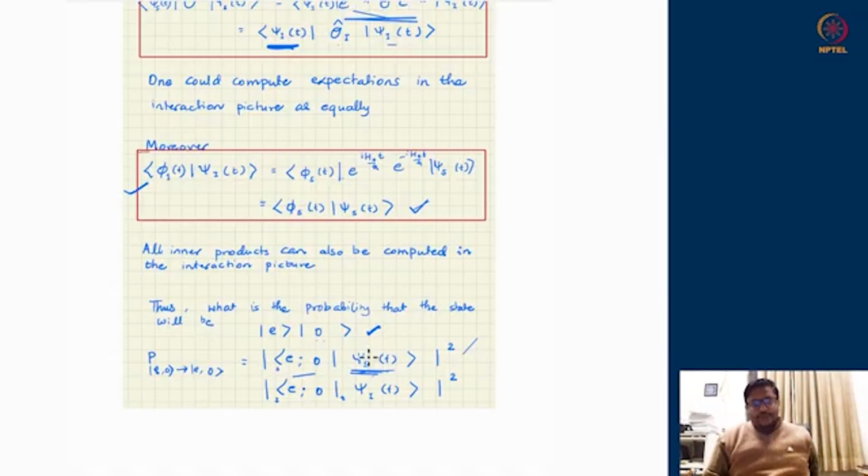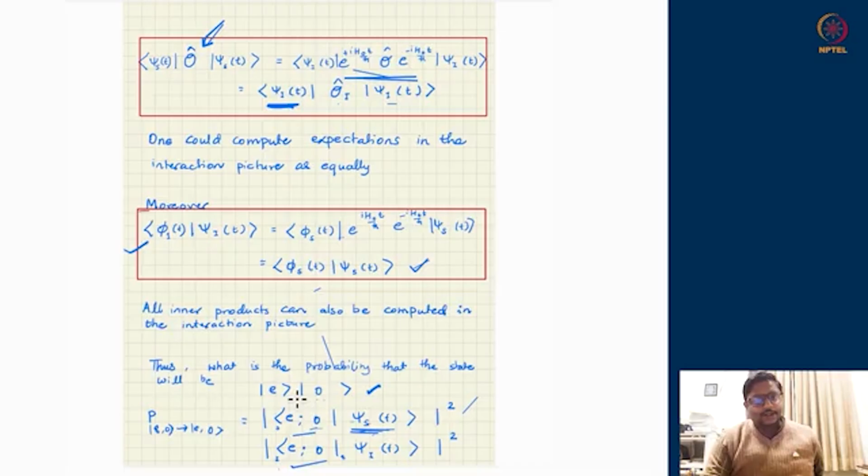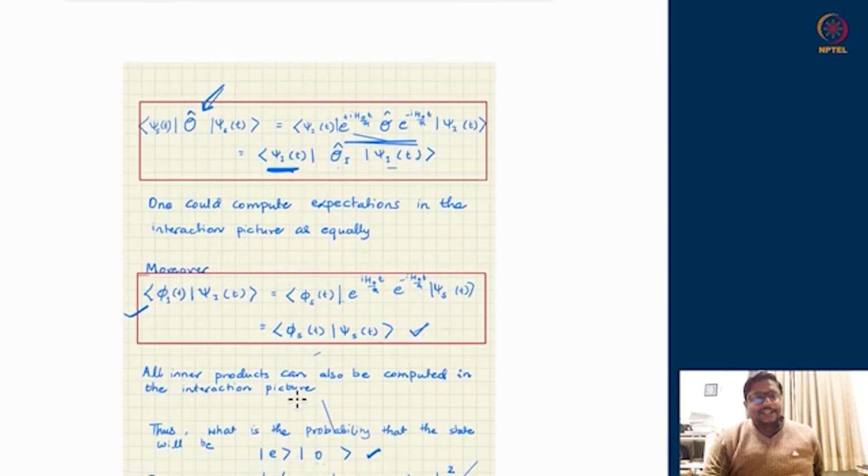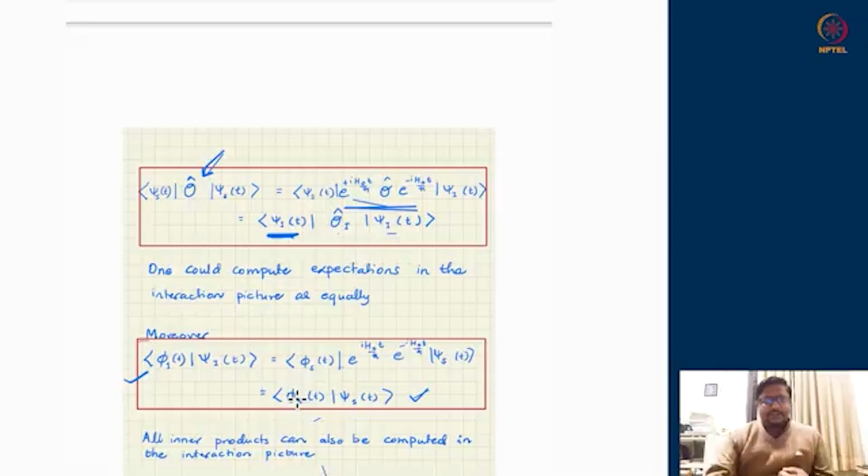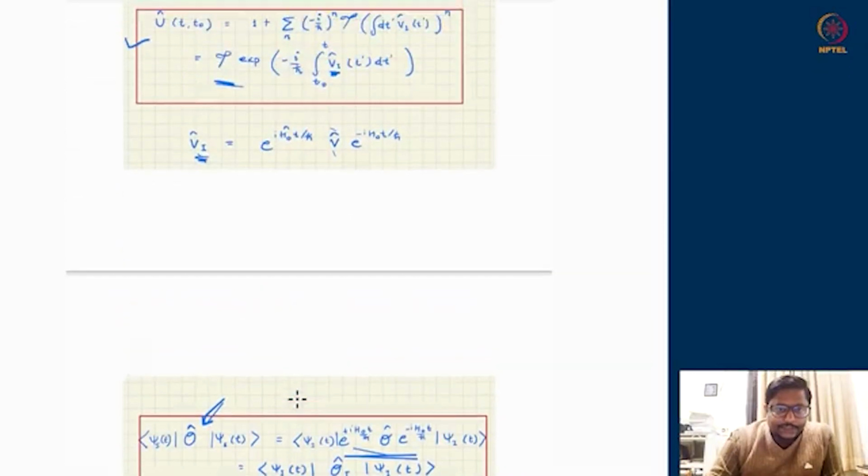This I can compute in the Schrodinger picture as well as in the interaction picture, as we have just learned. The only thing is that I have to write down the E0 here, which was previously in the Schrodinger picture, in the interaction picture, E0_I. And remember again, any interaction wave function is related to the Schrodinger wave function through e to the power i H0 t upon h bar. So let us just see that equation once more.